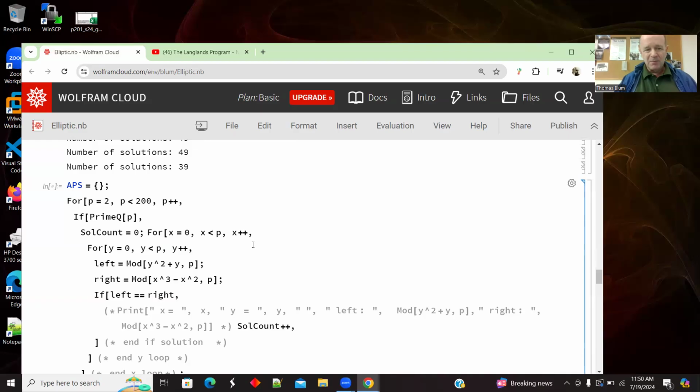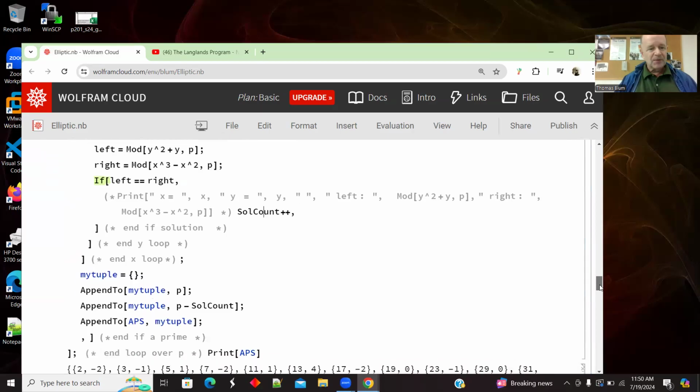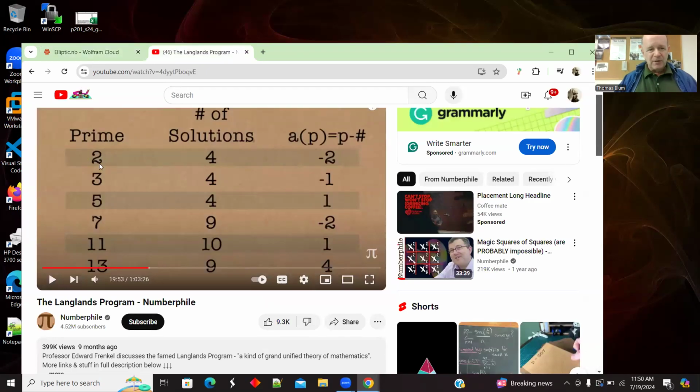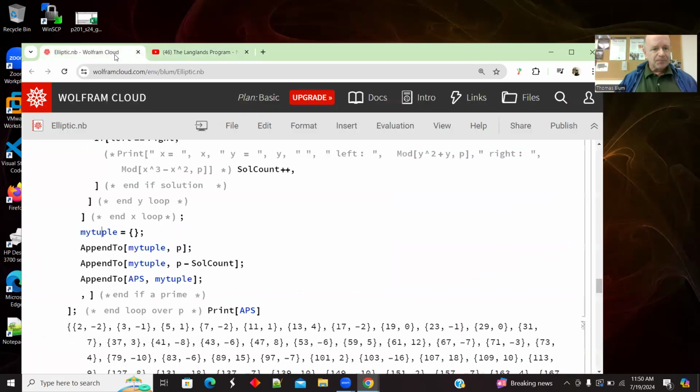If it's prime, I'm going to play my game and count solutions. So I set my solution counter to 0. I have my loop over X, my loop over Y. I calculate my left-hand side and my right-hand side. I say if they're equal, I increment my solution counter. And then when I'm done with the X and Y loop, I'm going to make a pair or a tuple, which is going to be the prime and this AP. So I called it my tuple.